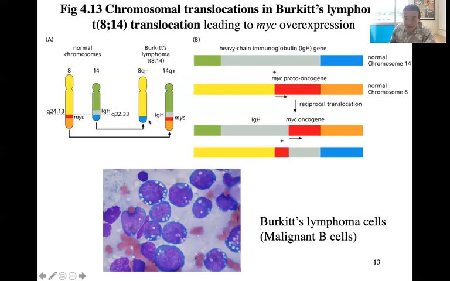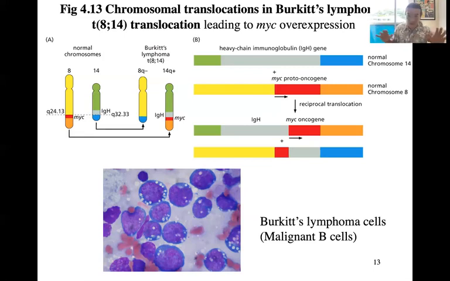And unfortunately, what has happened here is the intact Myc gene has gotten stuck behind the promoter of the IgH gene. So here on the right, you can see normal chromosome 14, you have the whole IGH gene. It has a promoter in front of it that drives the expression of the gene. So in certain cells, immune cells such as B cells, B cells would be the only cells in your body that bother expressing this particular gene to make heavy chain, to make things like immunoglobulins and antibodies.